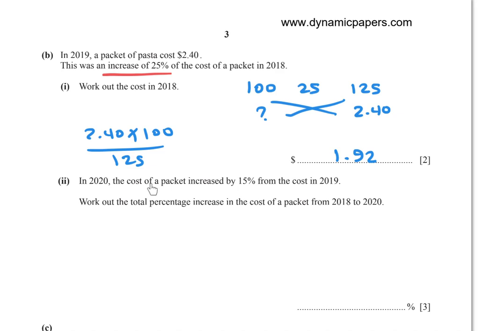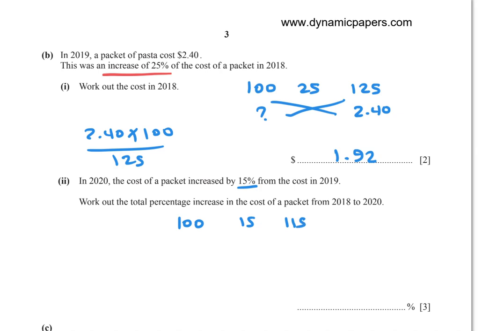In 2020, the cost of the packet increased by 15% from the cost in 2019. Work out the total percentage increase in the cost of a packet from 2018 to 2020. So from 2019 to 2020, increase 15%. This means 100, 15, 115.